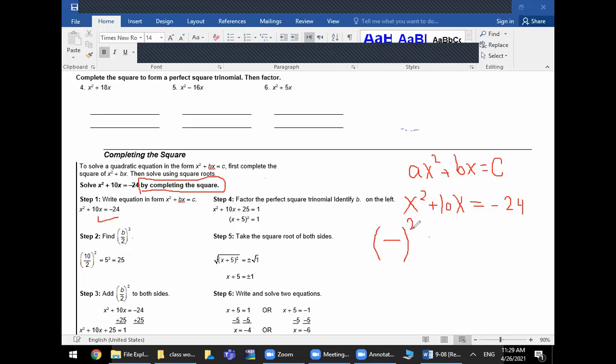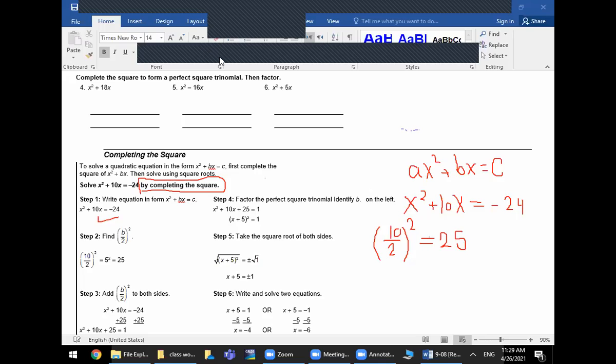Yes, Ritaj. We will make 10 over 2. Very good. It will be 10 over 2, squared, equal to 25. Right? So now we have 25.